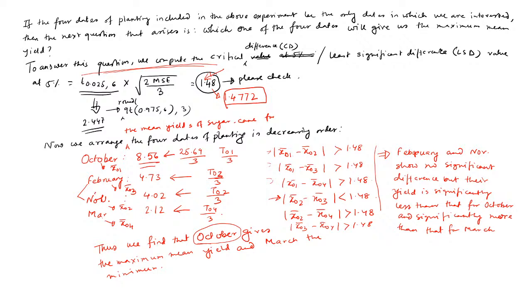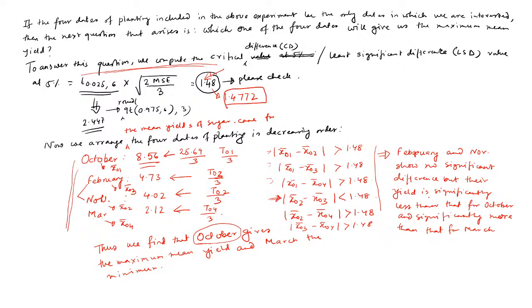So February is significantly different from March. But February and November, they are insignificantly different. According to this arrangement, we can say that February and November show no significant difference. Why? Because of this.